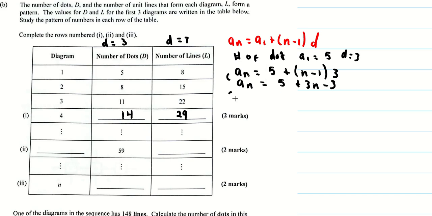So an is going to be 5 minus 3, which is 2, 2 plus 3n. And that would be the formula for number of dots. 2 plus 3n.